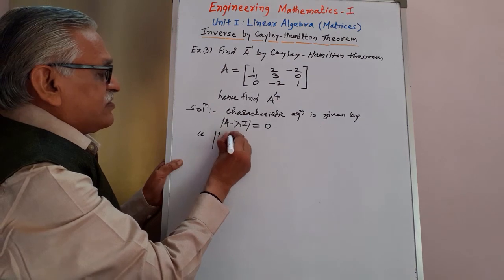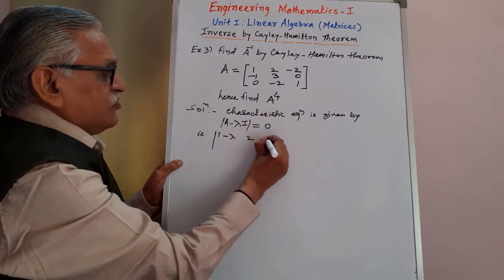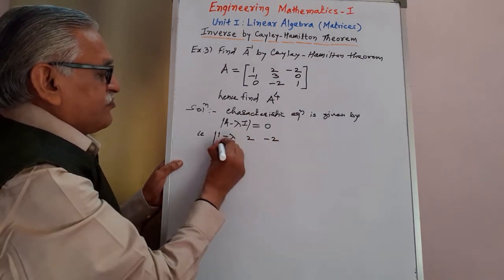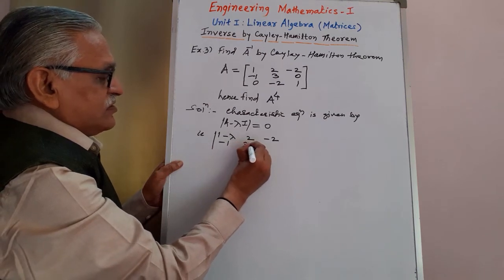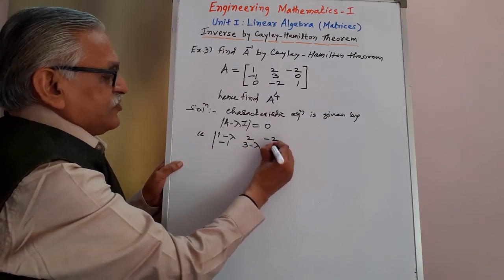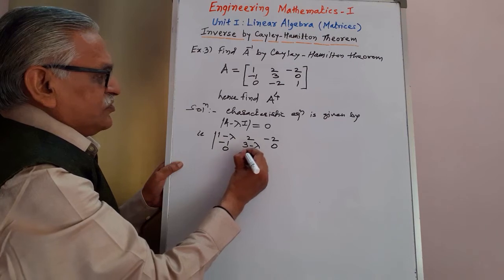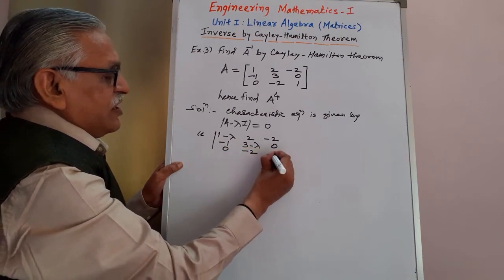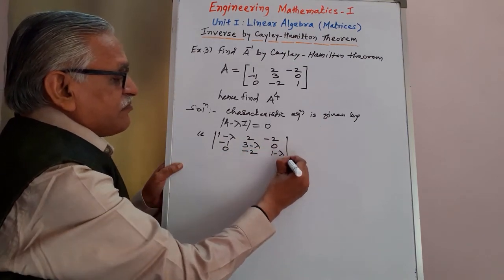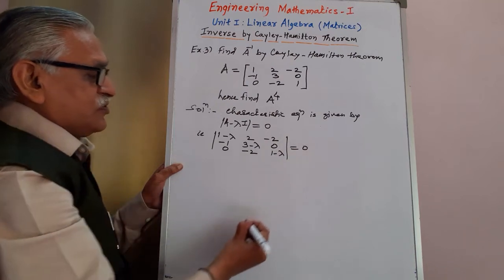Therefore, it is 1 minus lambda, 2, minus 2, minus 1, 3 minus lambda, 0, 0, minus 2, and 1 minus lambda, equals 0.